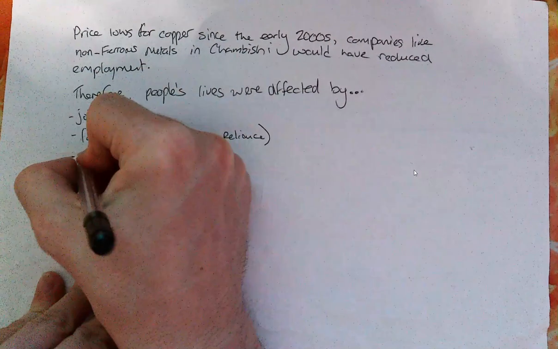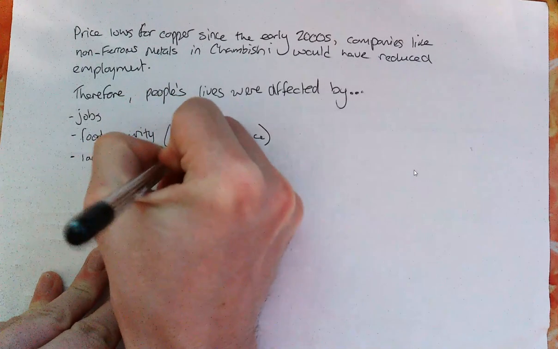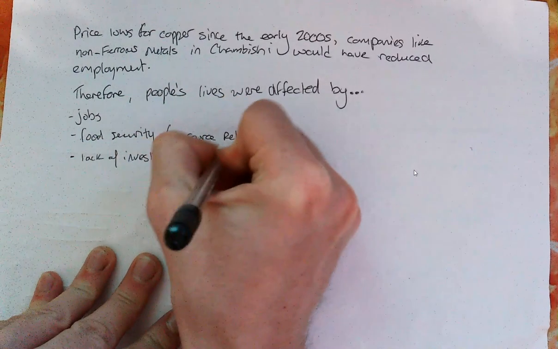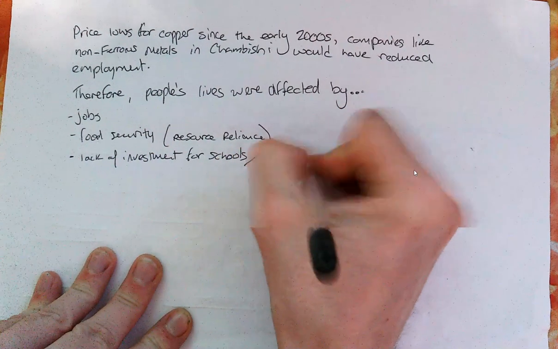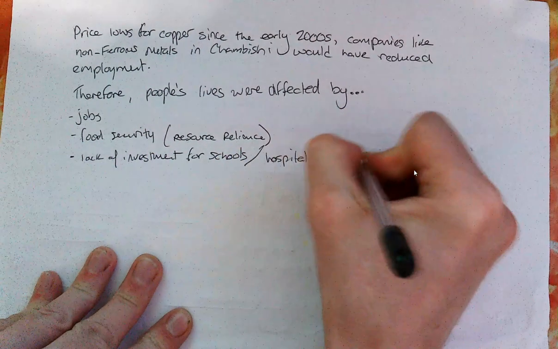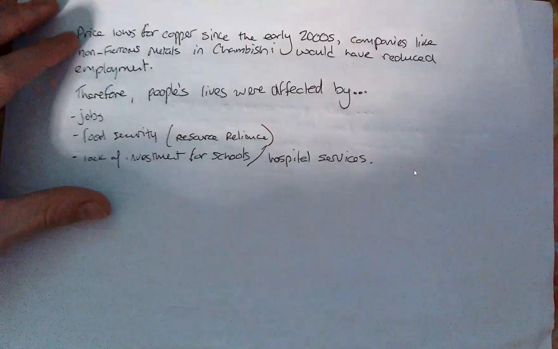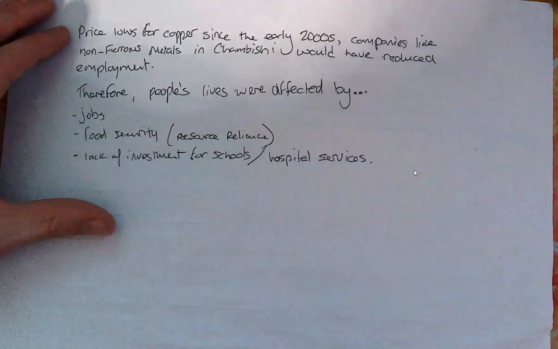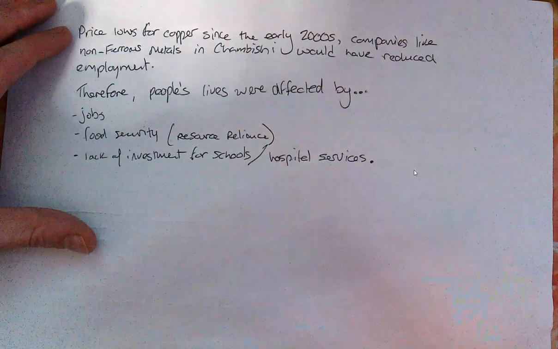Thinking about lack of investment for schools or hospital services. That would have lowered the life expectancy. So we need to be able to link in these price lows, the fluctuation in the prices of copper, into how that would have affected areas like Chambishi, and make sure that we use our case studies.